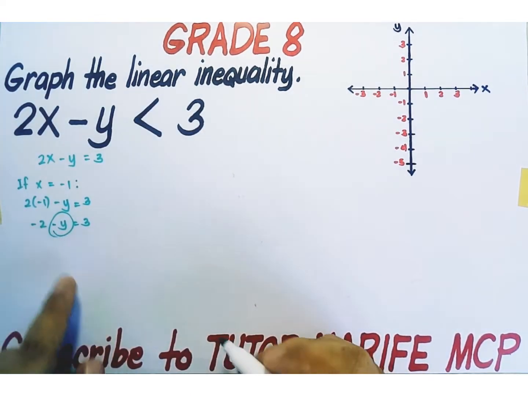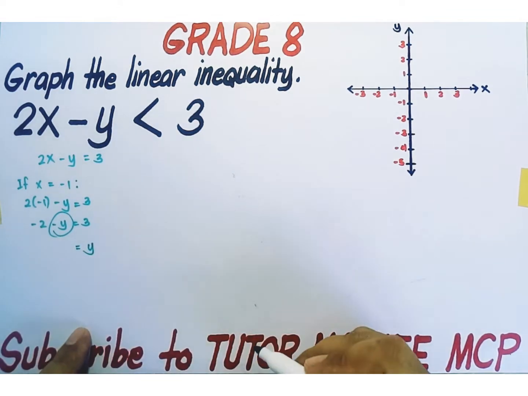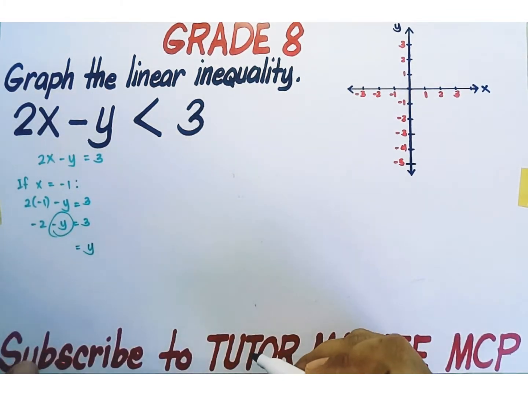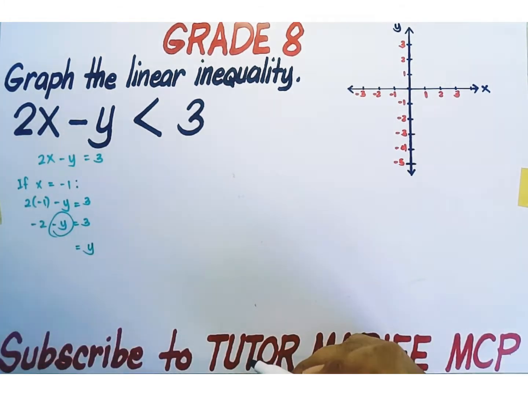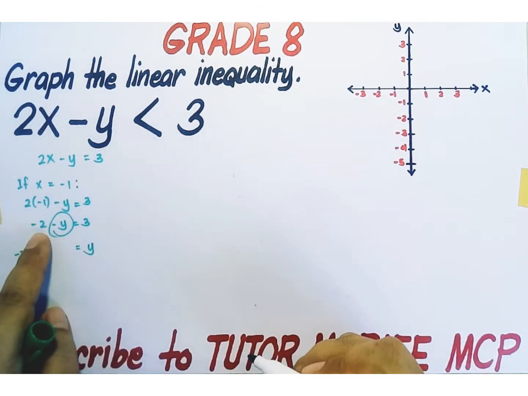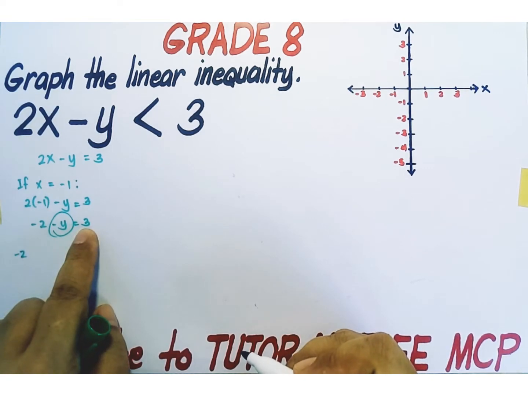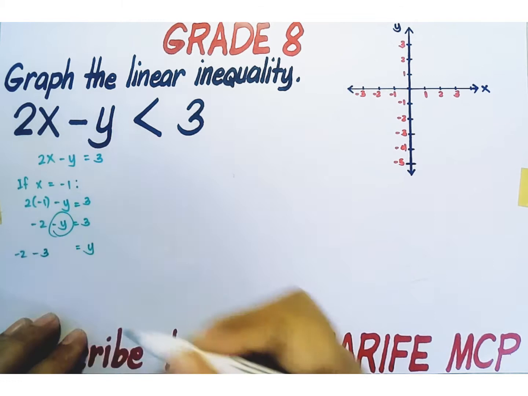So negative y becomes positive y when transposed to the right side. I will also transpose 3 to the left side. Again, change the sign of the term when transposed. Keep -2 on the left side of the equation. 3 becomes -3 on the left side when transposed.